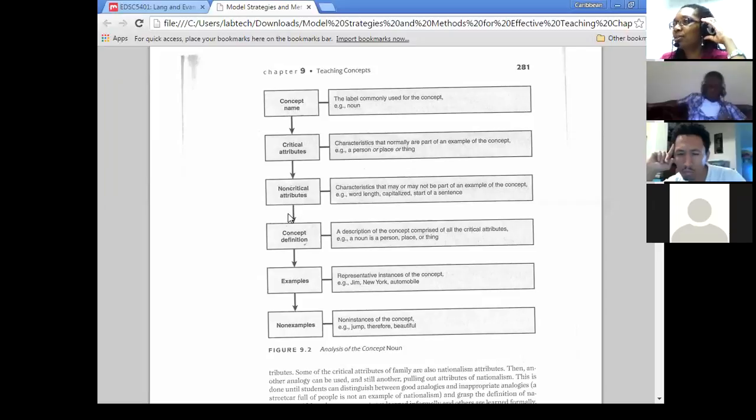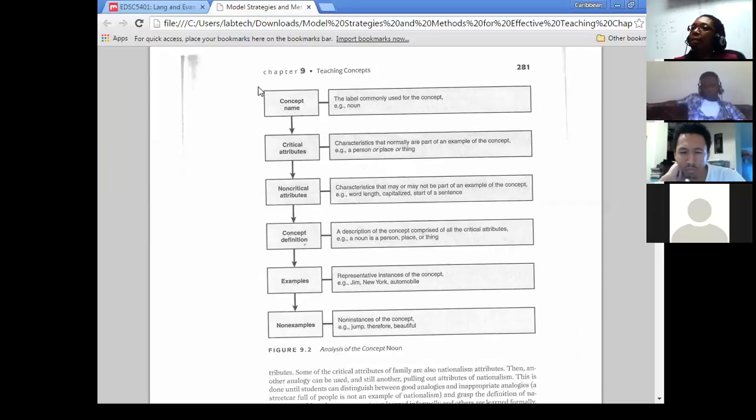non-critical attributes. So it doesn't really matter if the chair is blue or red or green. That's not what makes it a chair. It doesn't matter if it's made of wood or metal. It doesn't matter if the seat is padded. You get the point? You understand what I'm saying?